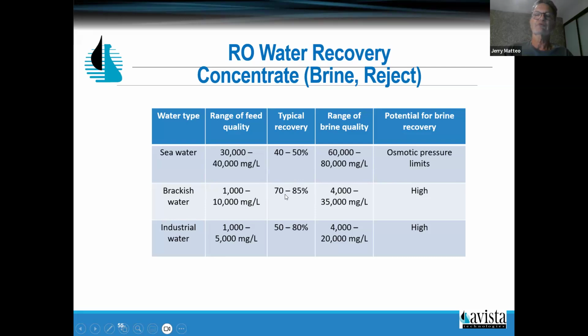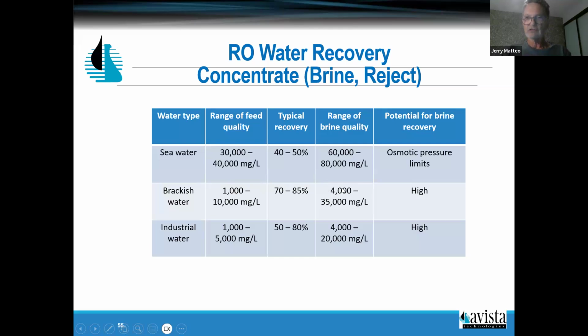So if we use a 75% recovery, that means that 75% of the water I put in comes out as permeate, 25% is concentrate. That means that all of my salts are in 25% of the water. So I'd multiply by 4. That's how they're getting this. So if I had a 75% recovery, that means I have 75% good, clean permeate water, fresh water, product water, 25% brine, but all the dissolved solids are in the brine or concentrate.